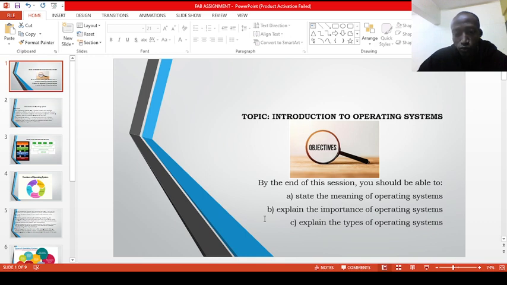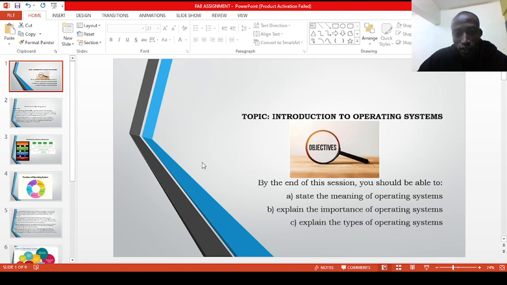You should also be in a position to explain the importance of computer operating systems, and I will also expect you to be in a position to explain the various types of operating systems that we have.